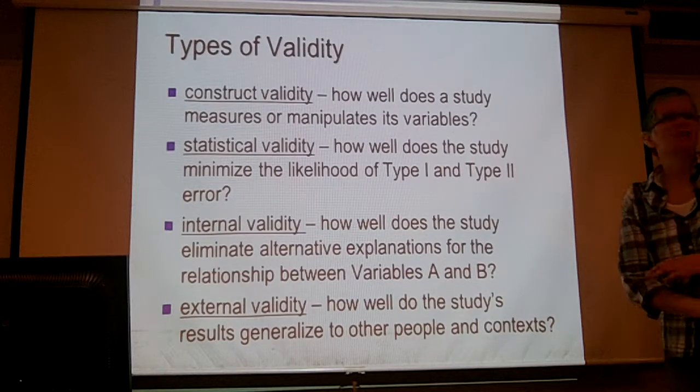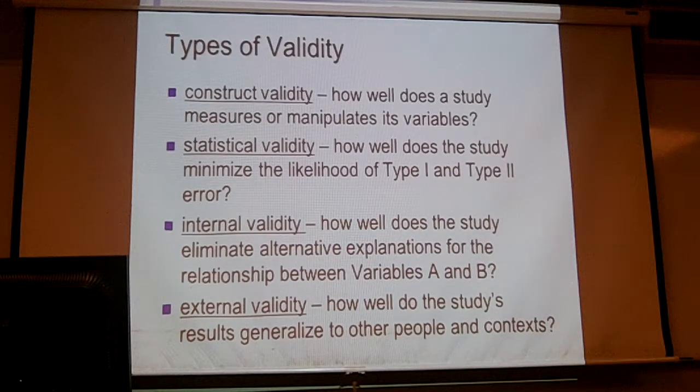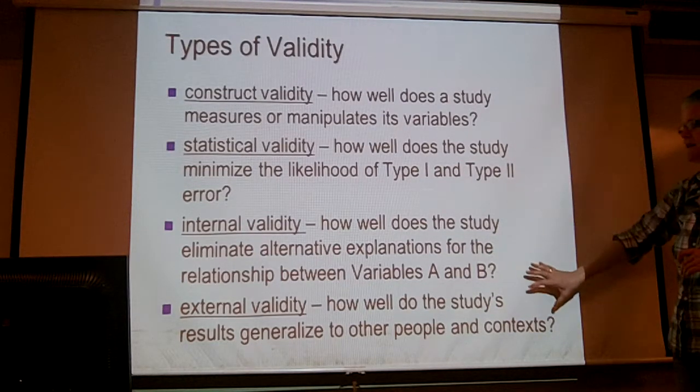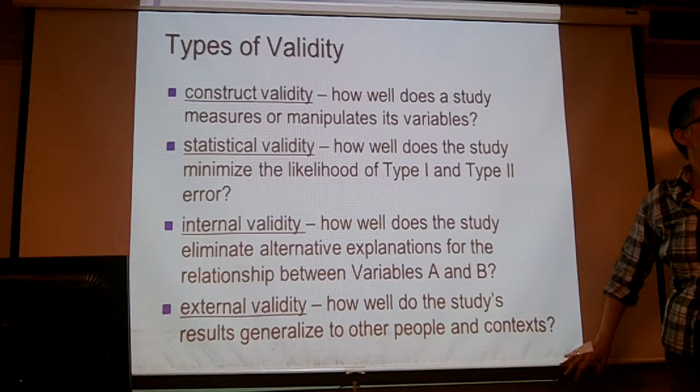External validity is all about generalizability. All about how representative the sample was, how confident I am that the results I found in this case can generalize effectively to the particular population that I'm attempting to describe. So we want to be able to analyze all the different types of claims in terms of these types of validity.